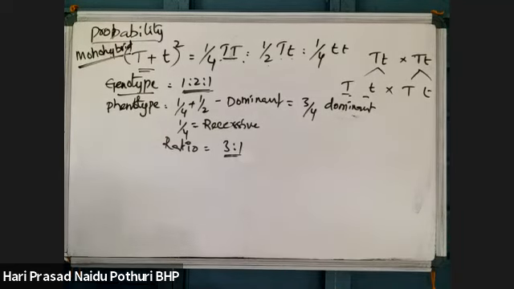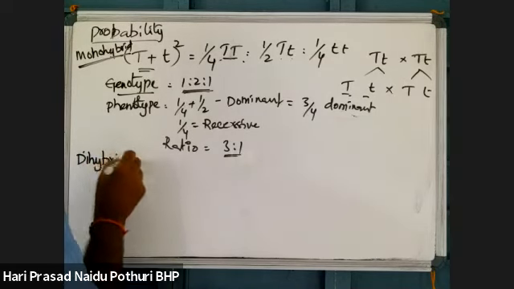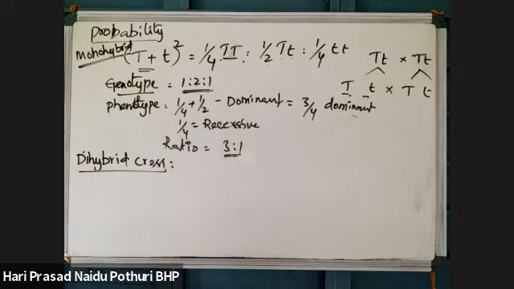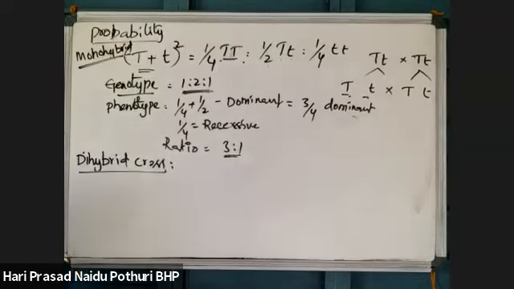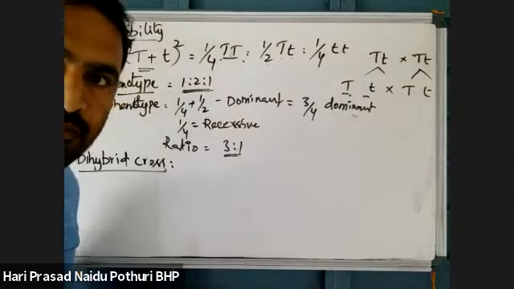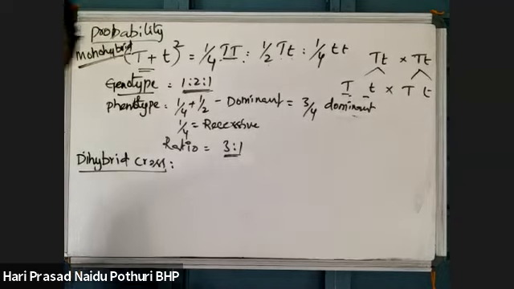Okay. Then probability of a dihybrid cross. What?